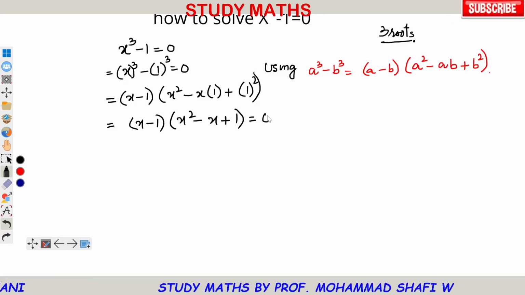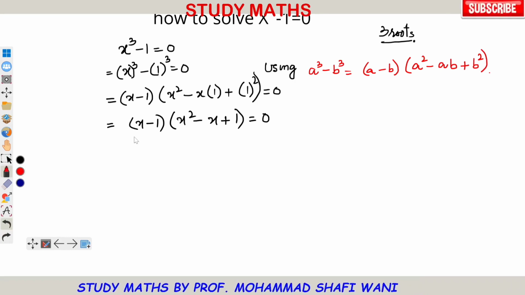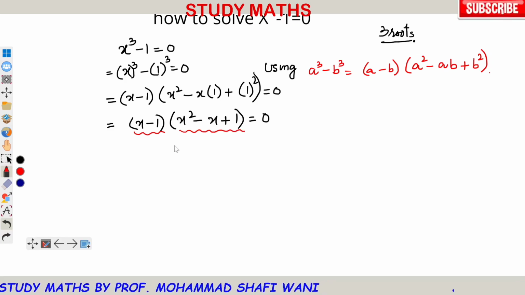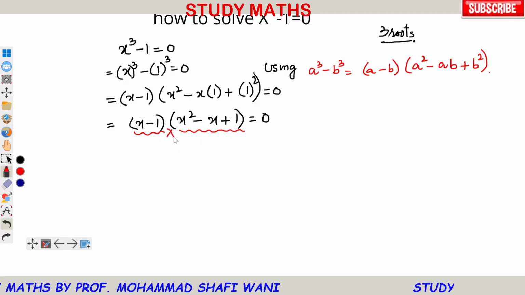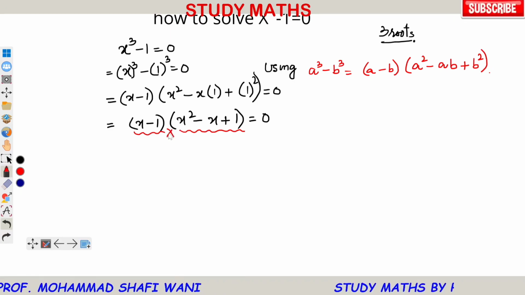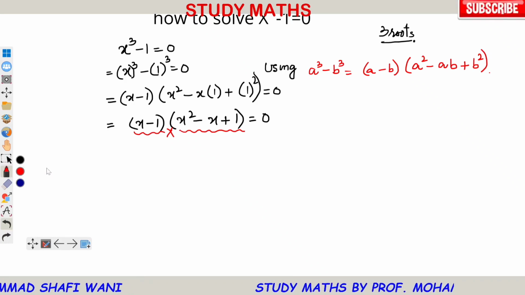Now here the product of the two terms, this is one term and this is the second term, is equal to 0. Note, whenever the product of two terms is 0, one of them is equal to 0.